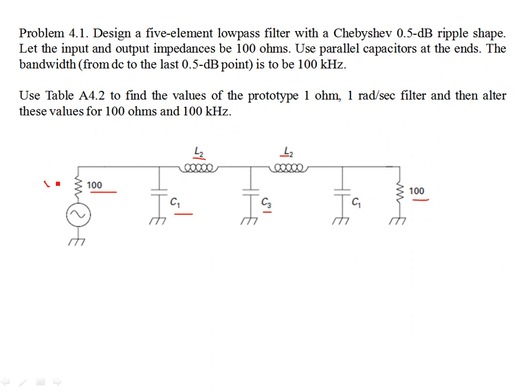This kind of circuit topology is that of a low-pass filter. Why is it a low-pass filter? Because you can see that for frequencies around DC at 0, the inductive reactance is 0, so this becomes a short circuit, and capacitors are open.